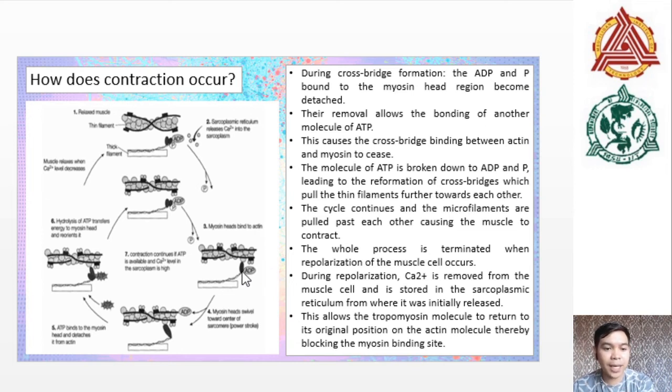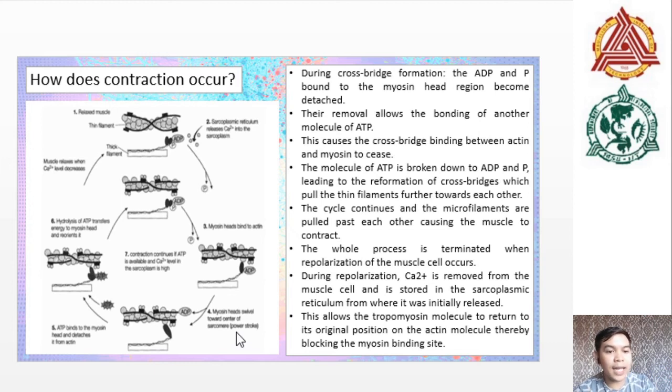The head of the myosin converts ATP to ADP and an inorganic phosphate. In doing this, energy is released, which is stored in the myosin head. Its effect is to pull the thin filaments towards each other, shortening the length of the sarcomere and causing the muscle to contract. During the cross bridge formation, the ADP and inorganic phosphate are bound to the myosin head.